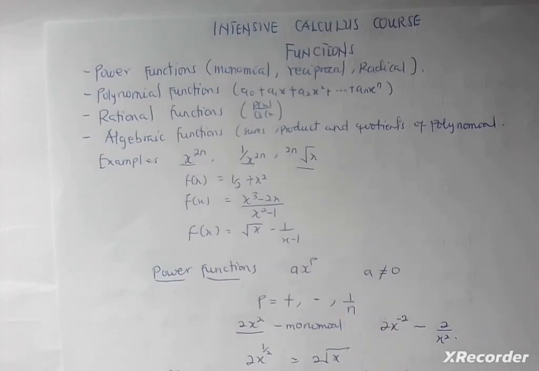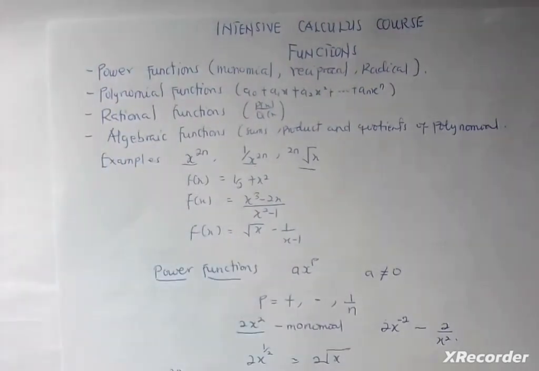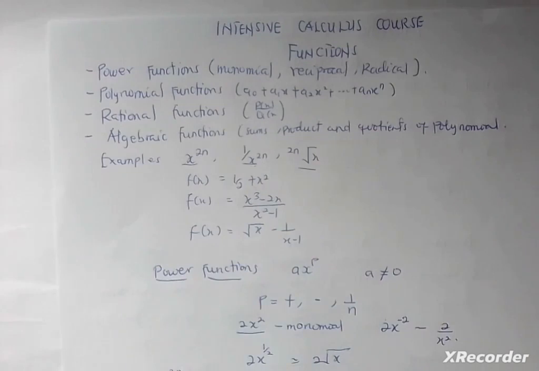As you say, poly means a group or more than 2. So a polynomial is the sum of different monomials, and we said a monomial is a power function in which the power is positive. Take note, ax squared is a power function. So the types of functions are related.